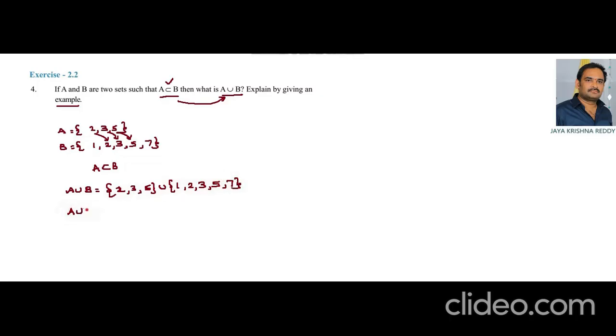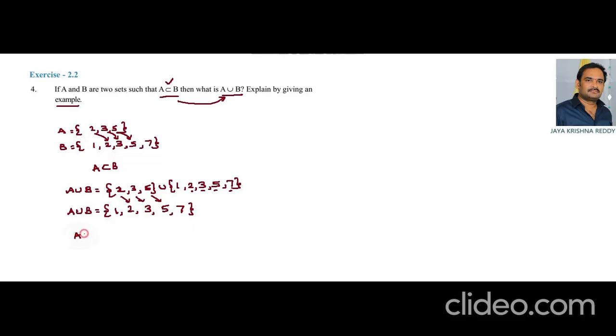Union means you have to combine all the elements of the two sets. So we write the elements from the first set, 2, 3 and 5, and the elements from the second set. 1 we have not taken, so let us write it here. 2 we have already written, 3 already written and 5 is already there in the set. Now you have to write the next element 7. So this is the result A union B.